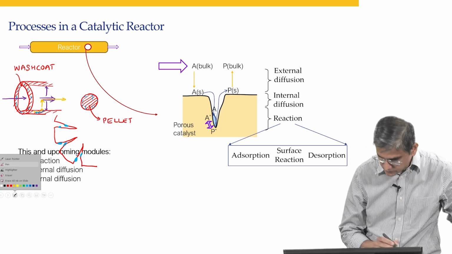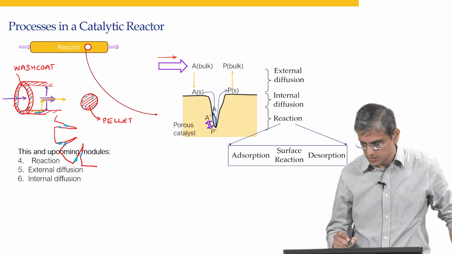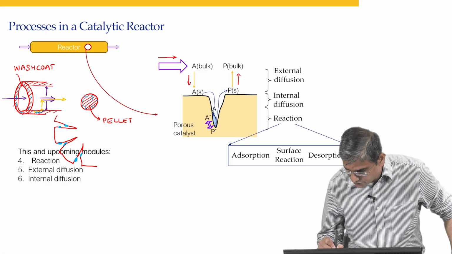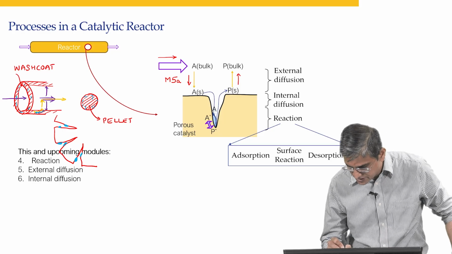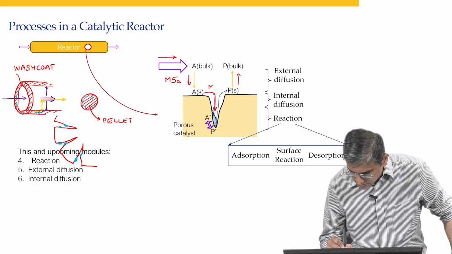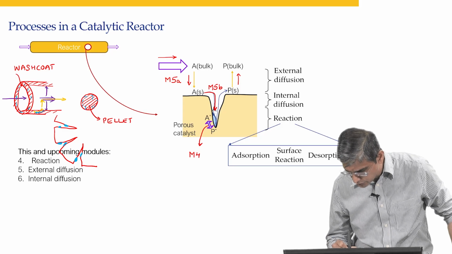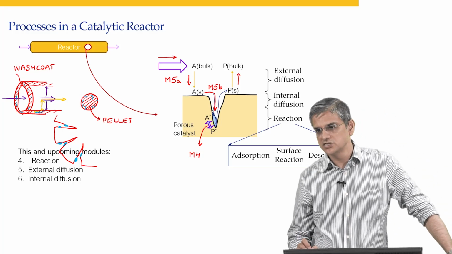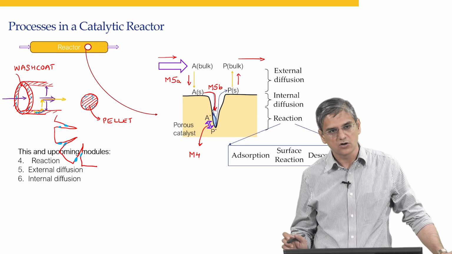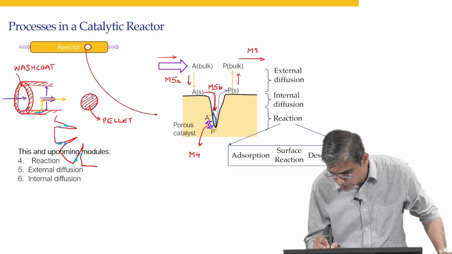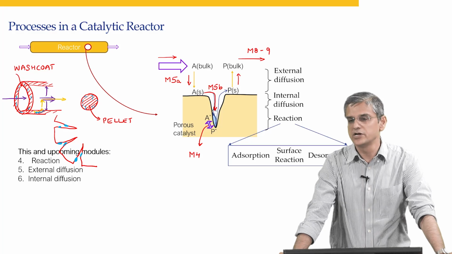You have bulk flow taking place, you have external diffusion taking place, this is module 5A, you have internal diffusion taking place, this is module 5B, you have reaction taking place, this is module 4, you have diffusion back into the system, and you have the net flow and the overall behavior of the reactor, and that is module 8 and 9. So, that is how we are going to tackle this.